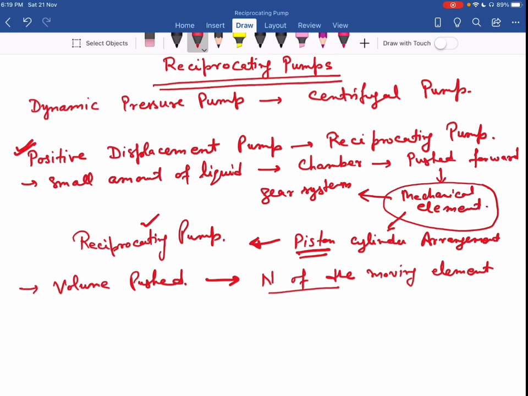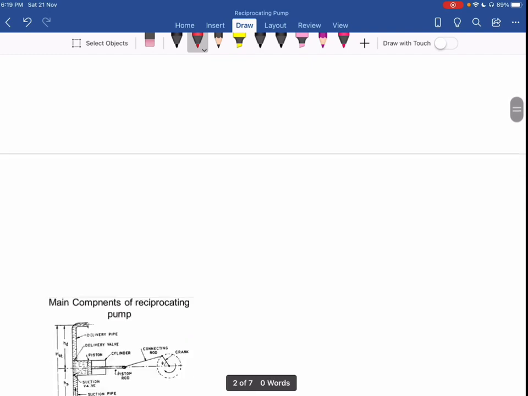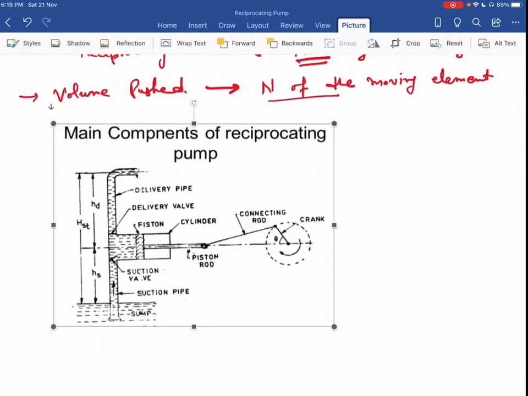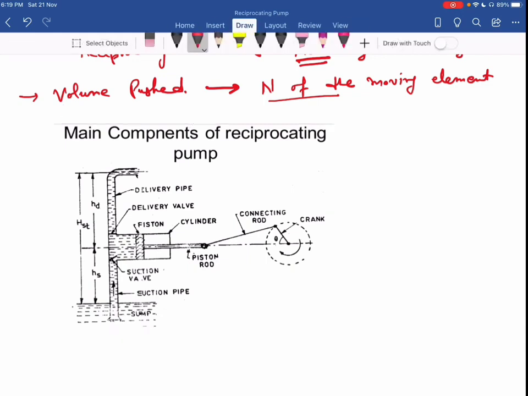Next we see the main components of the reciprocating pump. The main components are the sump, which you can see here, the suction pipe, the delivery pipe, and the piston cylinder arrangement.